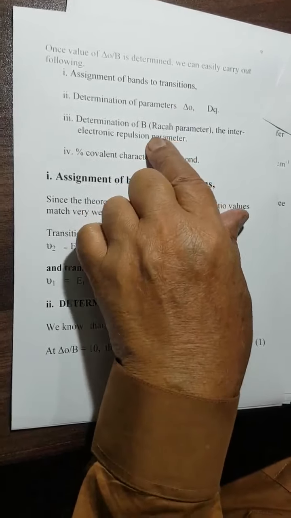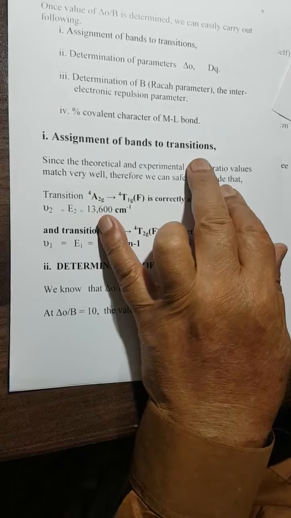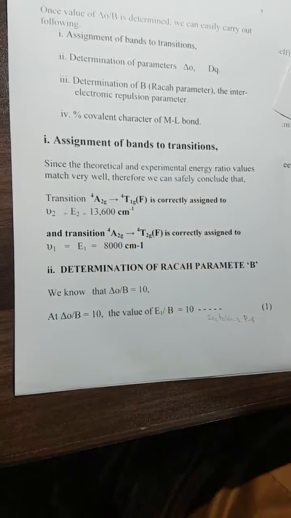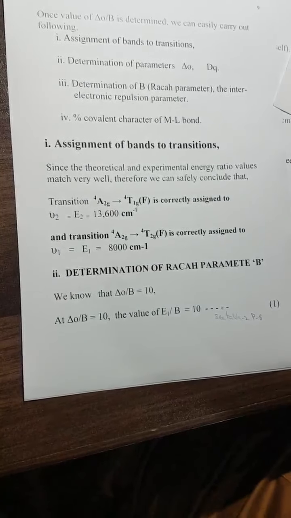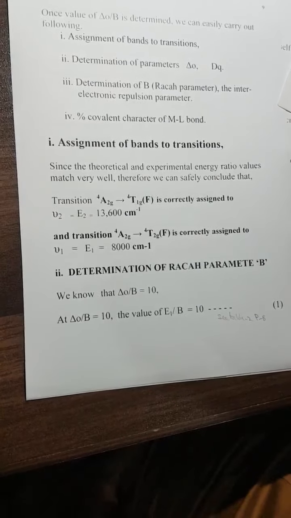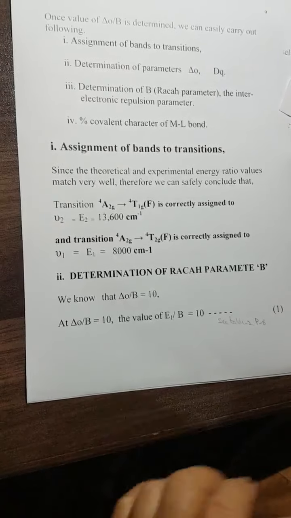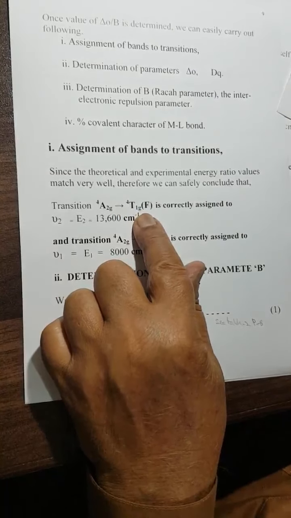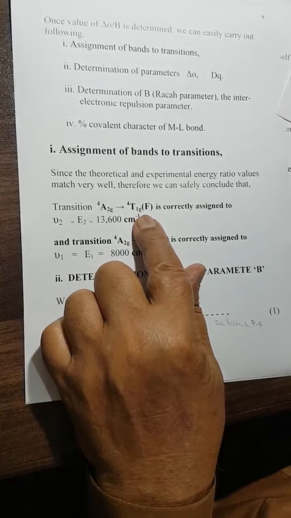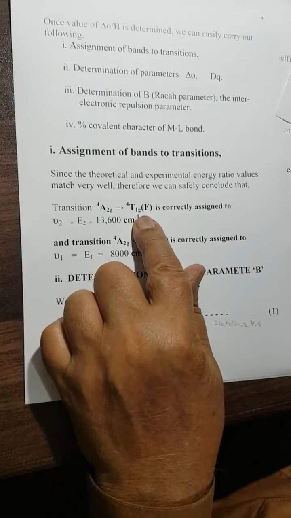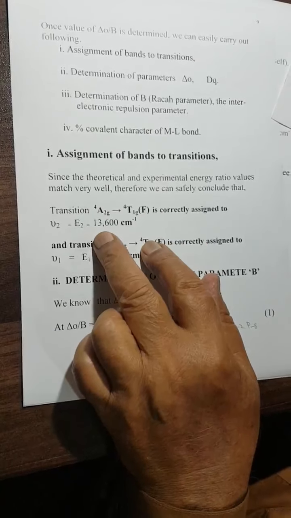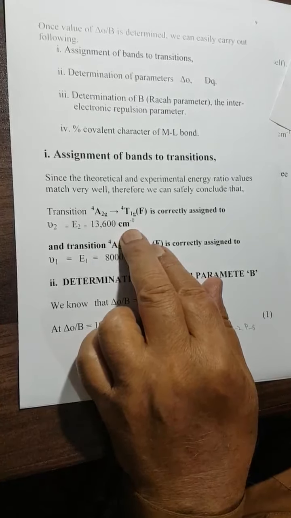How do we do the assignment of band to transition? Since the theoretical and experimental energy ratio values match very well, we can safely conclude that this transition is correctly assigned to the second transition, nu2, 13,600 reciprocal centimeter. Remember, this was the experimental value.